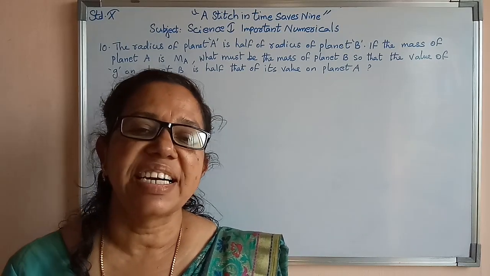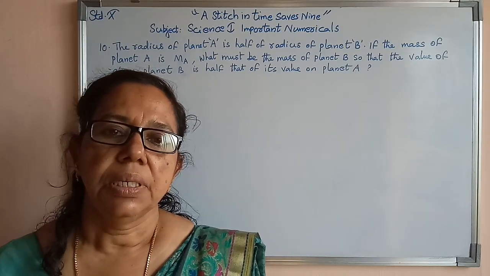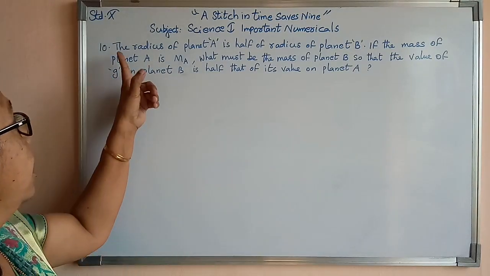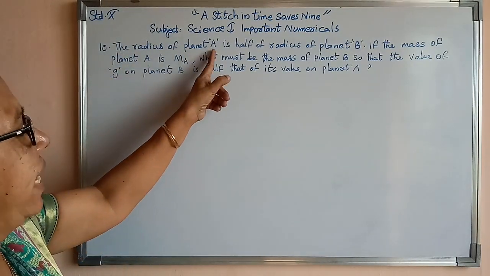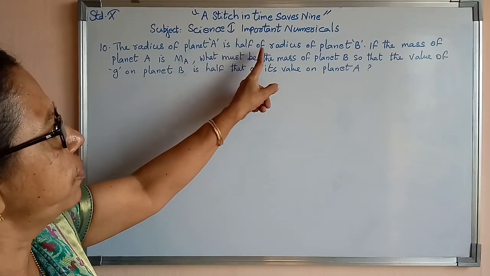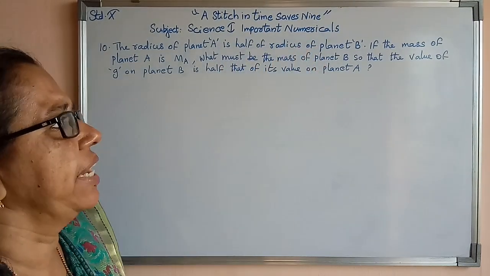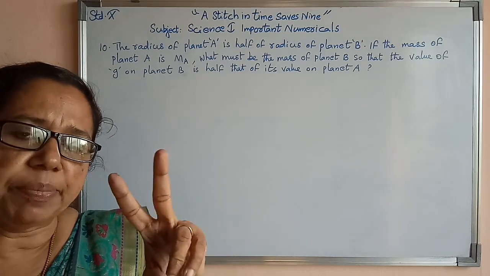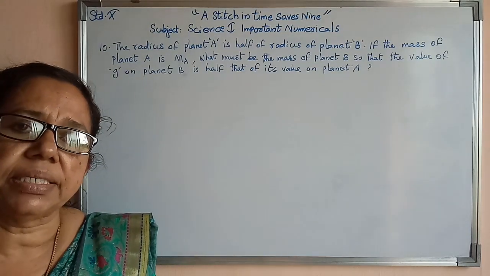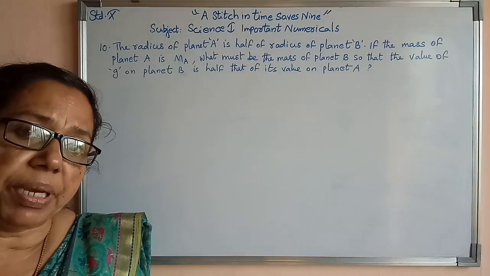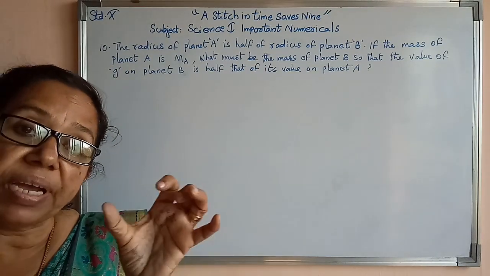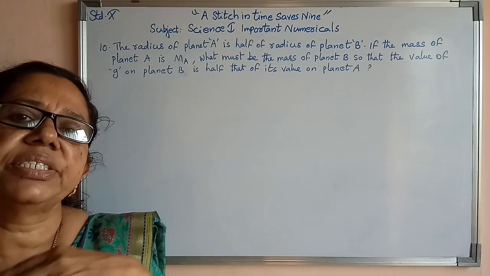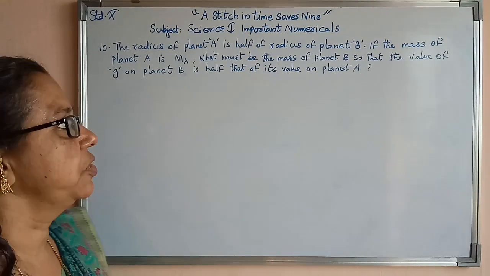Let us solve the last sum. Before solving that, we will read the question. The radius of planet A is half of the radius of planet B. That means there are 2 planets here, planet A as well as planet B. The radius of planet A is half of the radius of planet B, so we will write that.